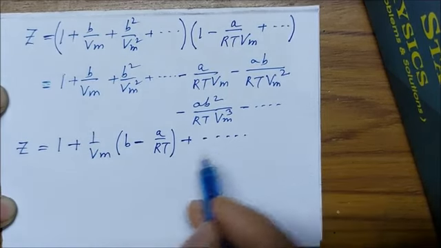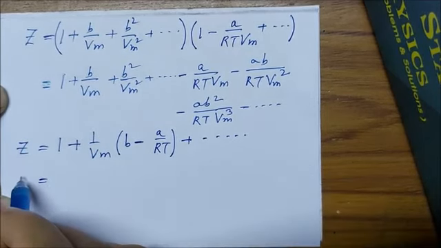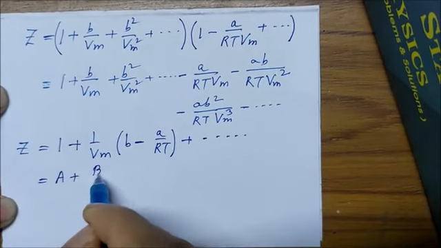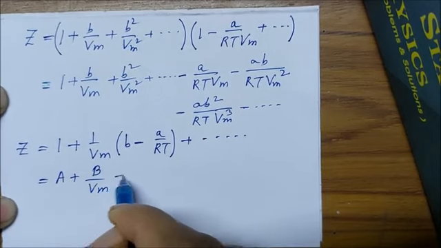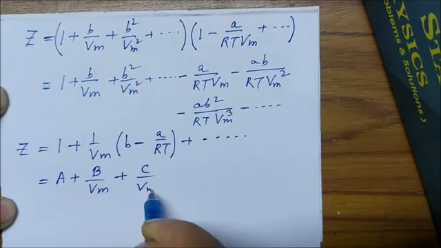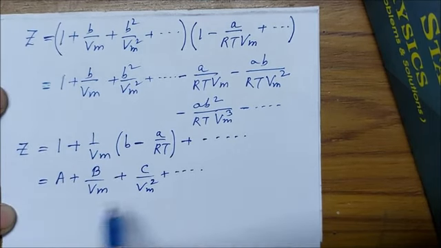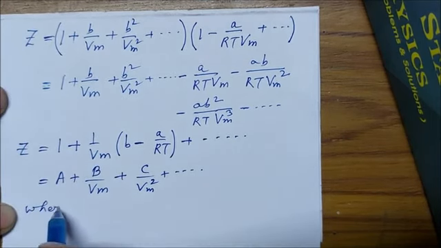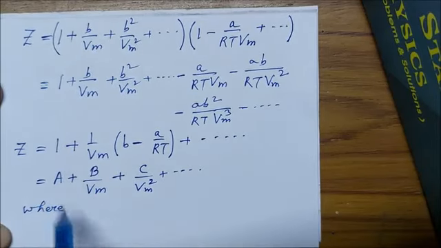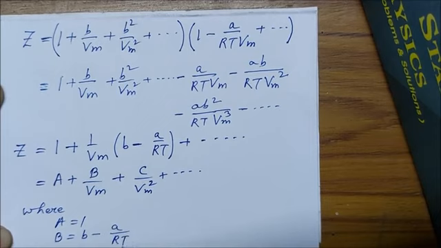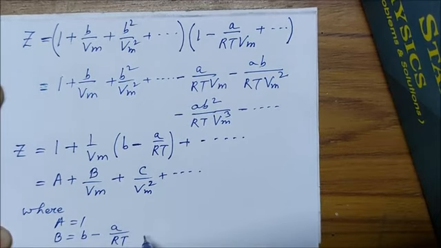And in terms of the virial coefficients, we can express Z as, where A is 1 and the second virial coefficient is this one, and so on.